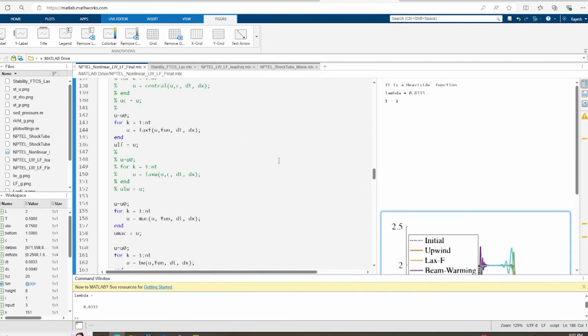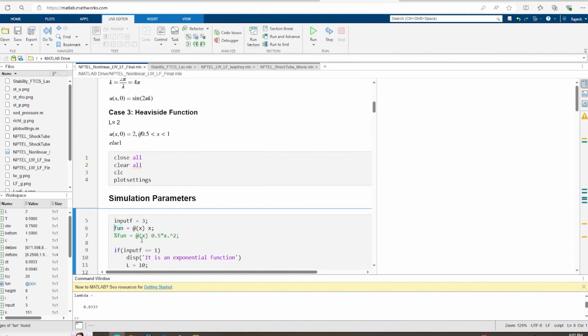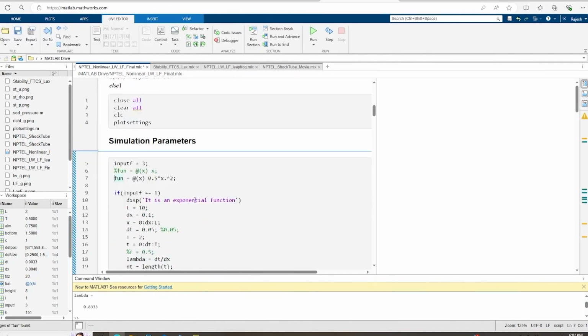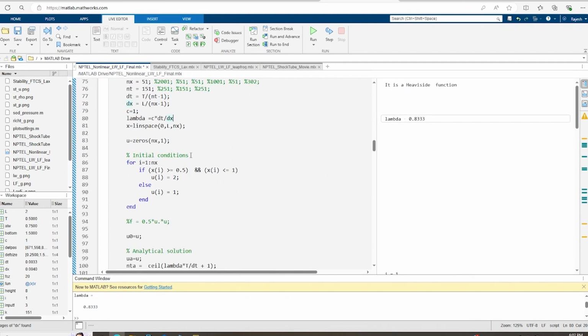Now let us try making it nonlinear. I will comment out this function and use the nonlinear one, and I will decrease the grid size to the old one because I know that schemes will behave very poorly when the CFL number is high.